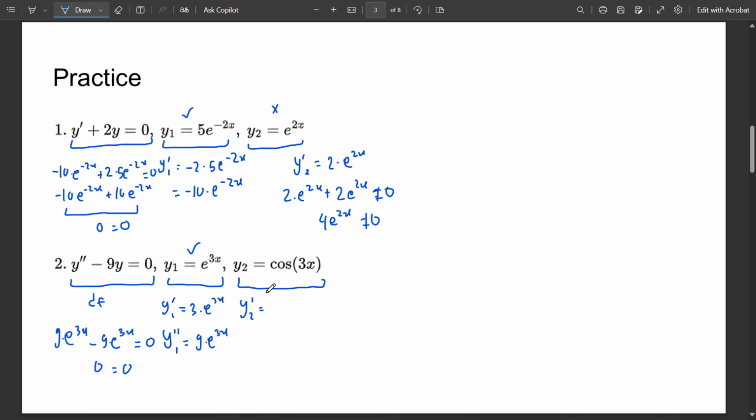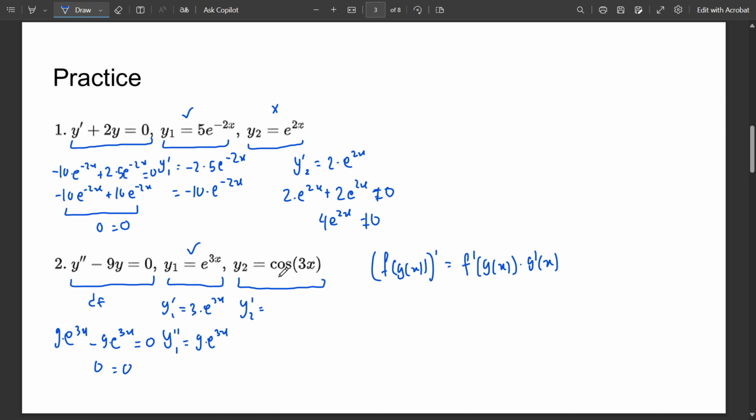So y prime is, what's the derivative of cosine? The derivative of cosine is negative sine. And remember that if we have a composite function, I have to say this earlier. If we have f of g of x prime, the derivative is just f prime of g of x times g prime of x.